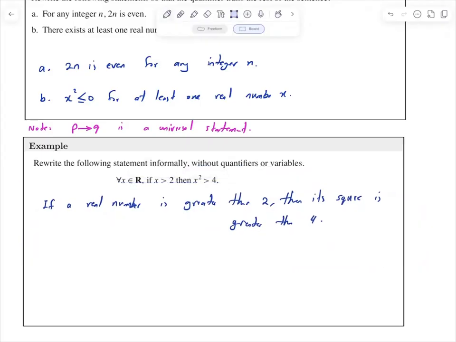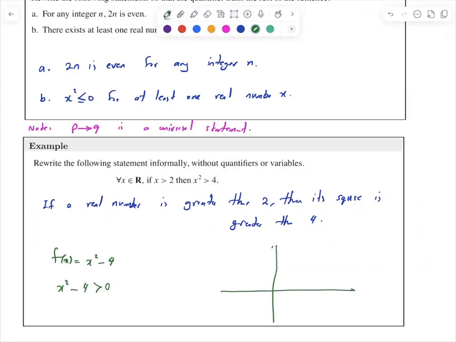So if you're interested in going back to algebra, if I ask you, for example, to visualize f of x equals x squared minus 4, I'm going to check the domain where x squared minus 4 is more than 0. So let us go back to the algebra and visualize this quadratic function.